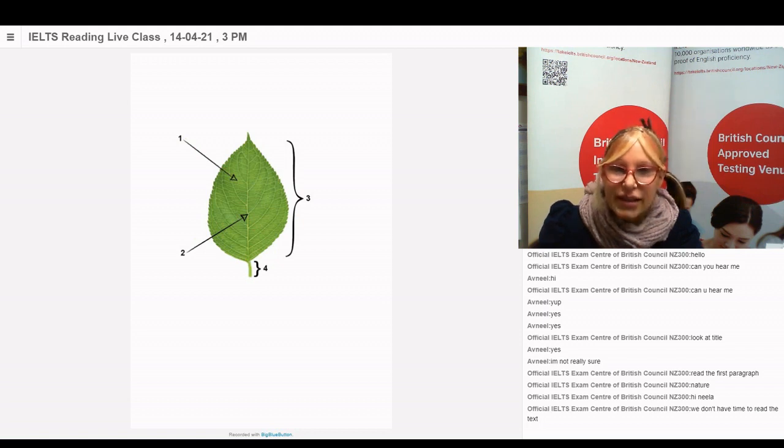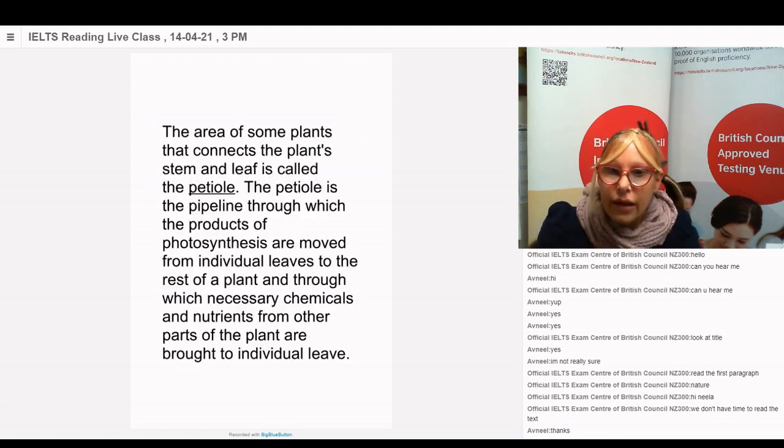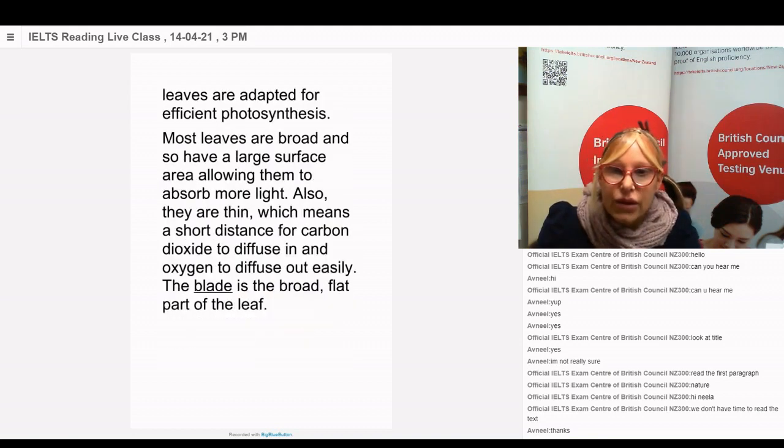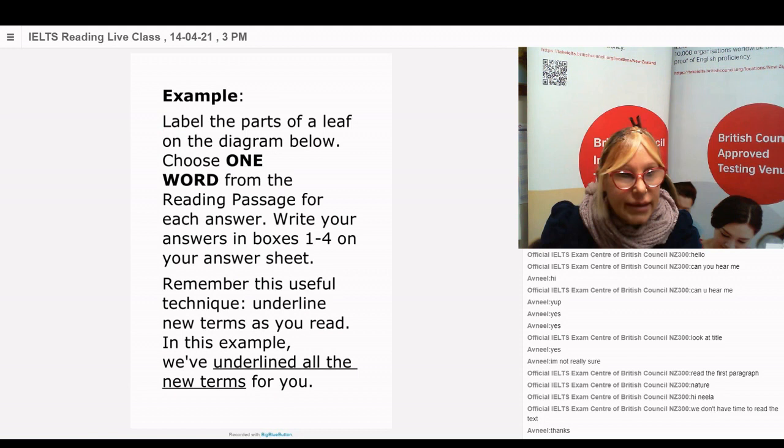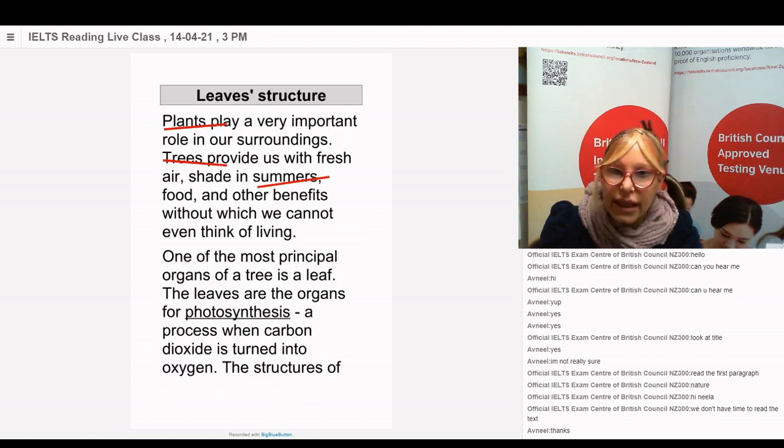All right. So obviously we are looking for all the language that is to do with the leaf. So in this first part, we have a little introduction about plants, and it doesn't mention any details about the leaf. So we just need to keep reading through until we find more information about leaves.